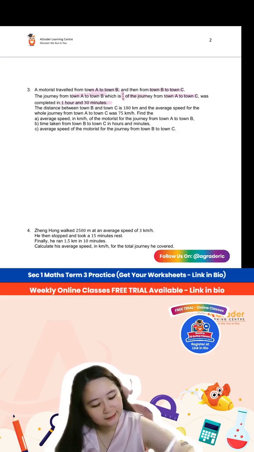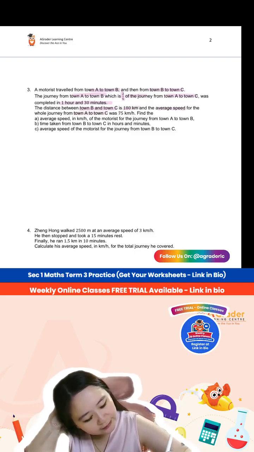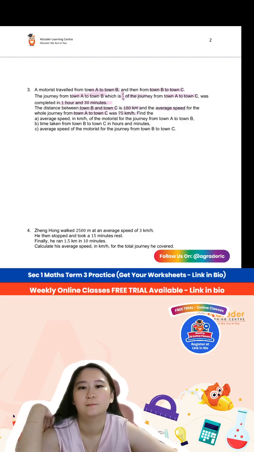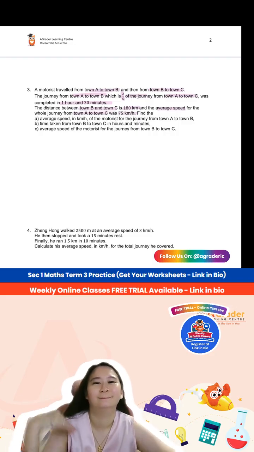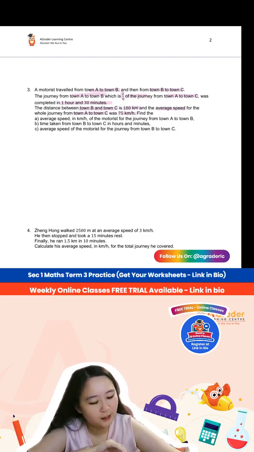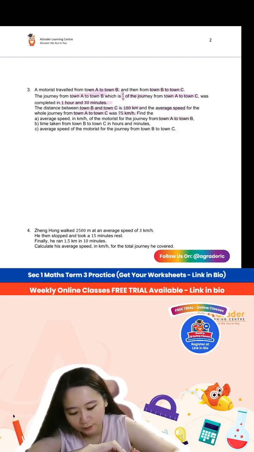The distance between town B and C is 180 km, and the average speed for the whole journey from A to C is 75 km per hour. Find the average speed in kilometers per hour of the motorist for the journey from town A to town B.